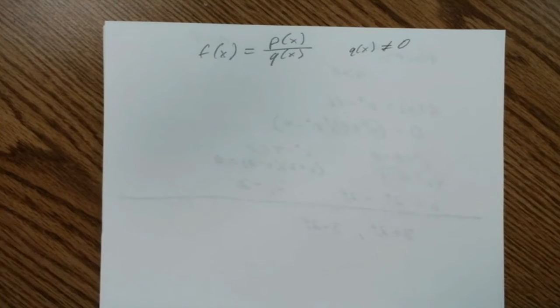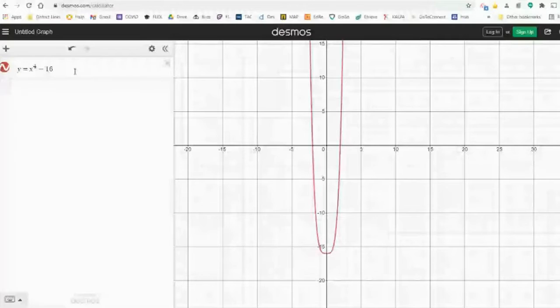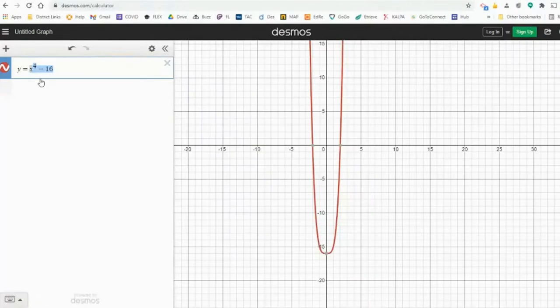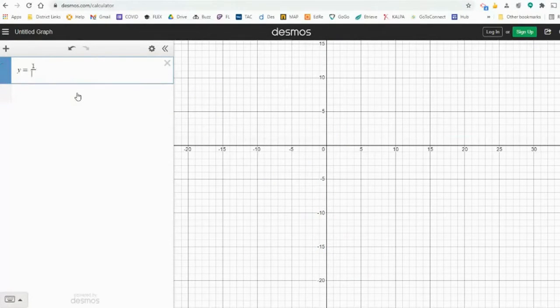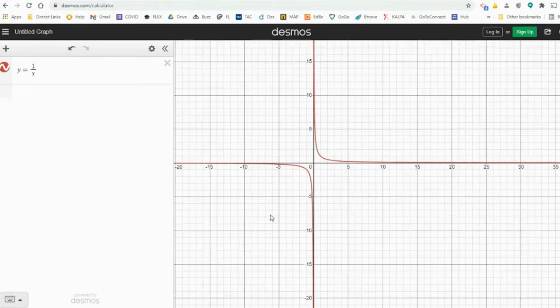So let's look at, for example, I'm going to change this instead of x to the fourth. We're going to go 1 divided by x. Right, 1 divided by x. And what we see there is we have a vertical asymptote at x equals 0, because with x being the denominator, 0 cannot be the denominator since we can't divide by 0.